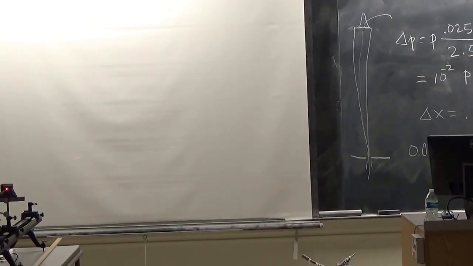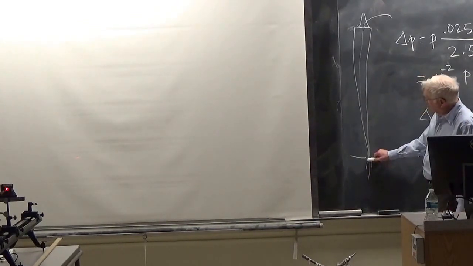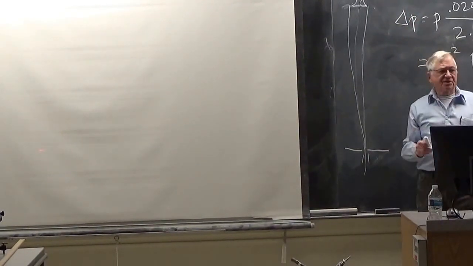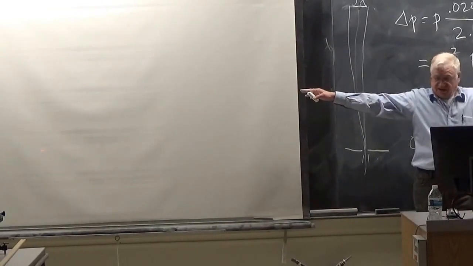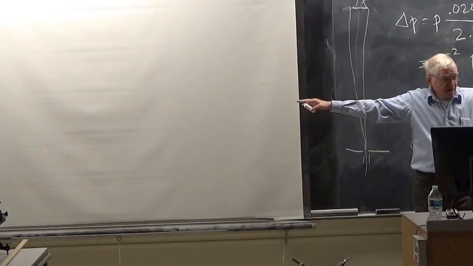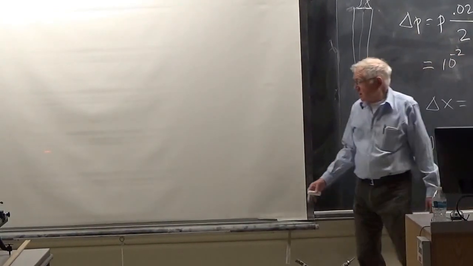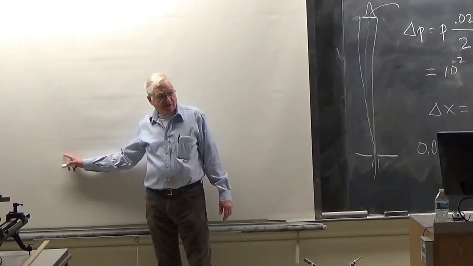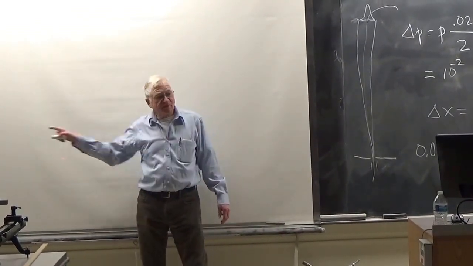The photons were going in this direction, so when they come out of the laser, the momentum along this direction is 0. But by the time they get to the screen, they're not all in the center, so some of them are moving a little bit this way or a little bit that way.